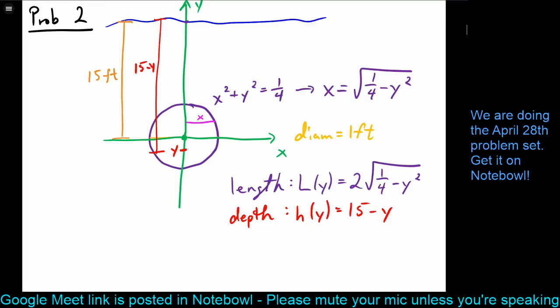Right, so that gives us the length of the window at every height is just twice this. The depth is this. Now we just do the usual.